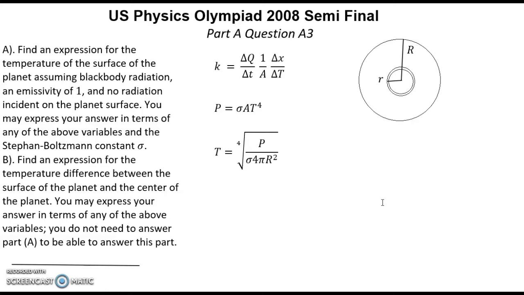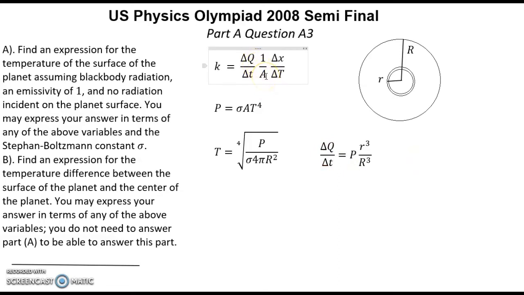So it means that radiation is proportional to volume. If we take a sphere of radius small r, we can work out the radiation created by this small sphere, and it's proportional to r cubed. So it means that we know what dQ over dt is, and we can put it here.